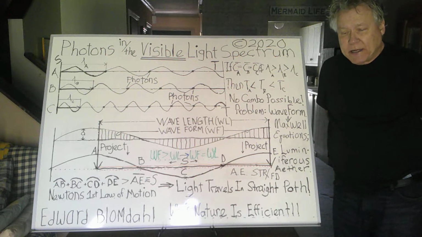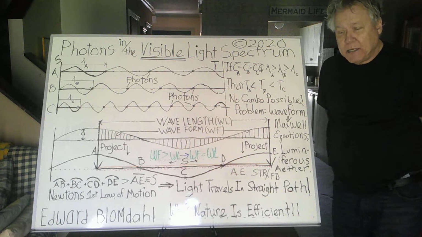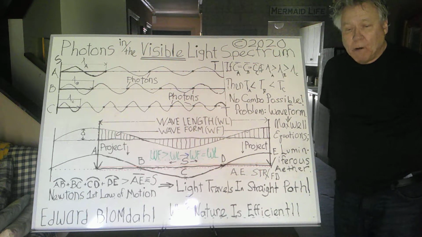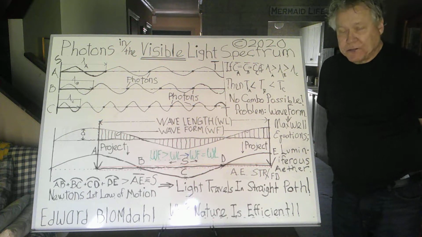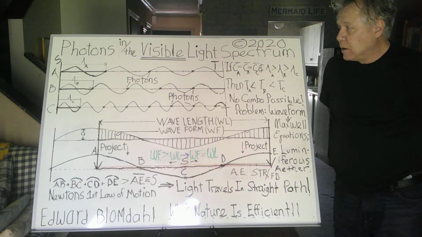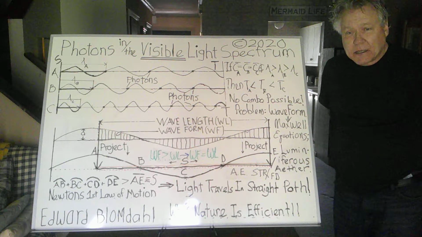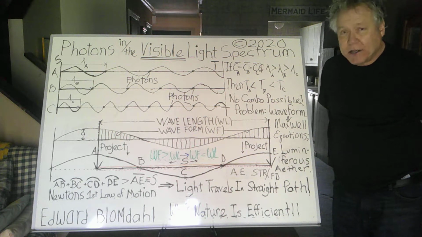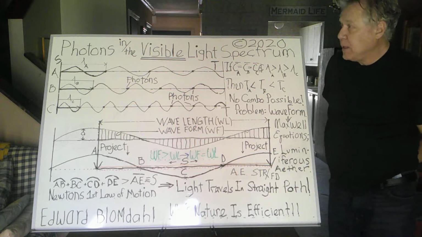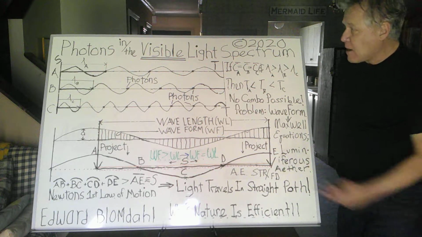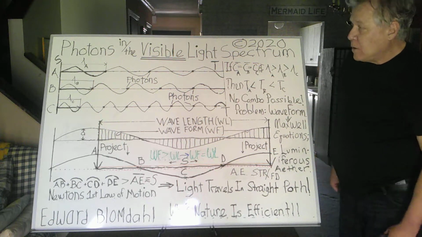The electromagnetic spectrum is quite large, and what I talk about here may or may not be applicable to radio waves or higher frequency waves. So just understand that when I talk about anything that goes on here, I'm talking about the visible light spectrum from red to violet.